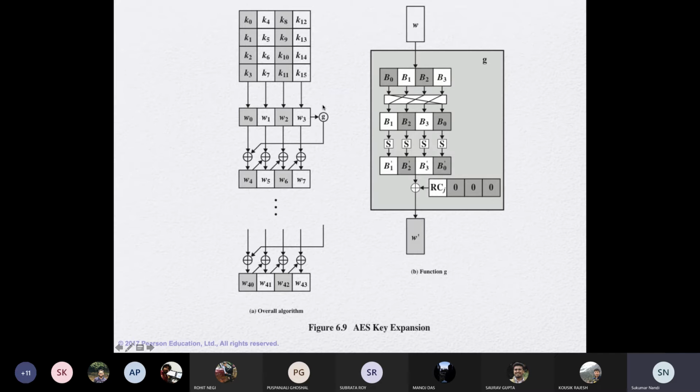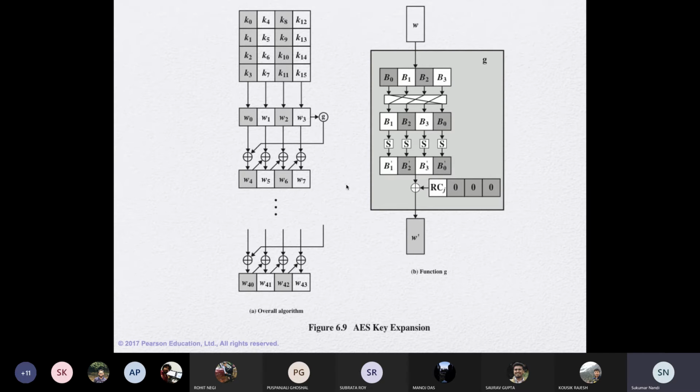If it is 192, the first 6 words, W0 to W5, are used as they are, and the next calculations are based on those. And if it is 256, W0 up to W7 will be the key as it is, and the operation starts at the next level. So the basic key structure remains the same, only the number of key bits changes a little. The first set of keys is used as it is.